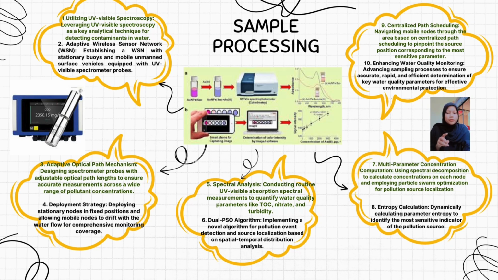First, it computes multi-parameter concentration through spectral decomposition on each node, and it uses the mobile nodes to search for the pollution source based on concentration distributions. The system identifies the most sensitive indicator of pollution by calculating parameter entropy, and then guides the mobile nodes to localize the source position corresponding to the maximum concentration of this indicator.